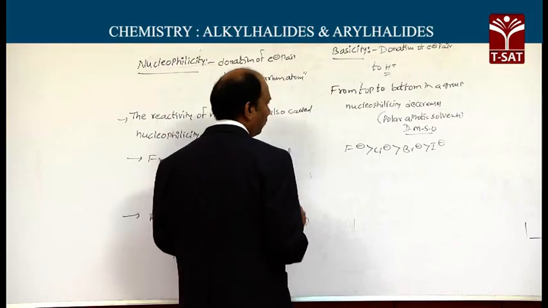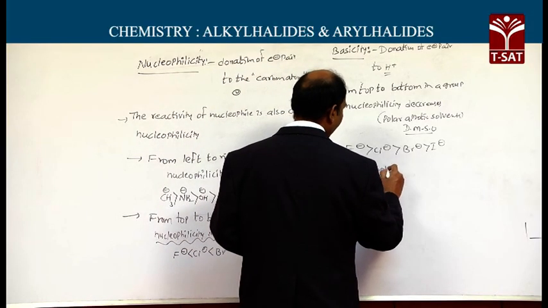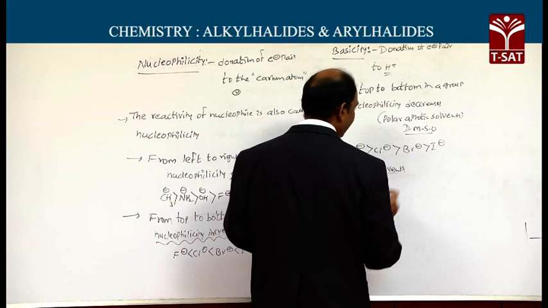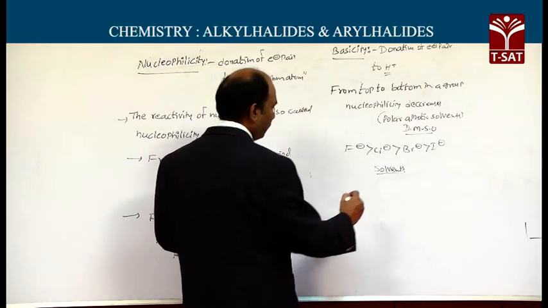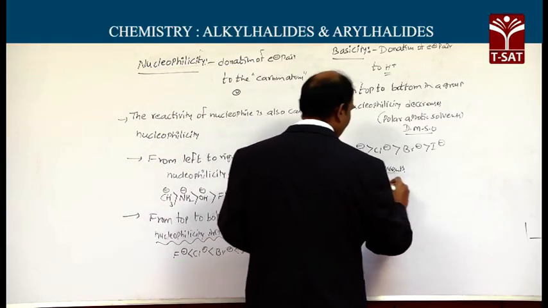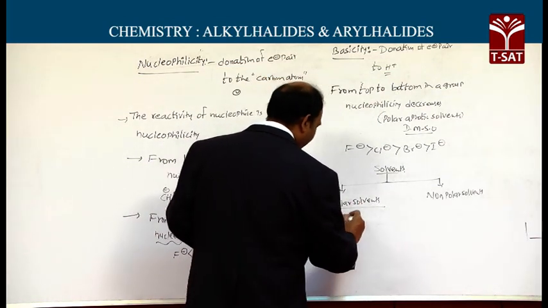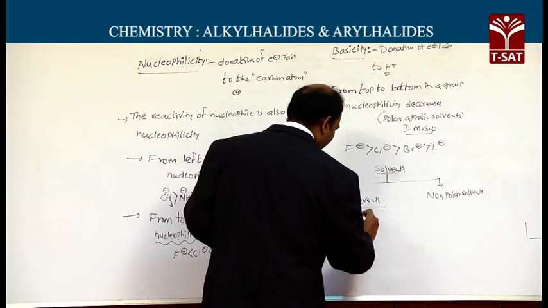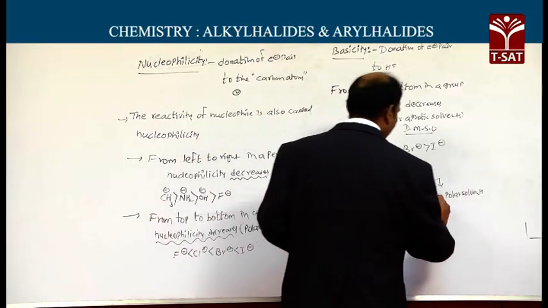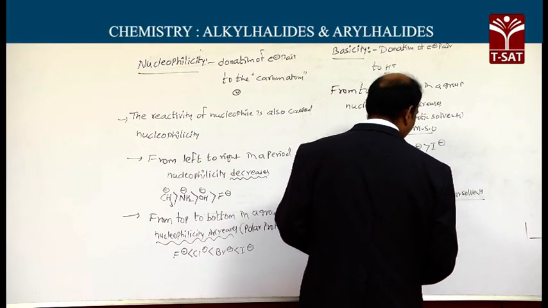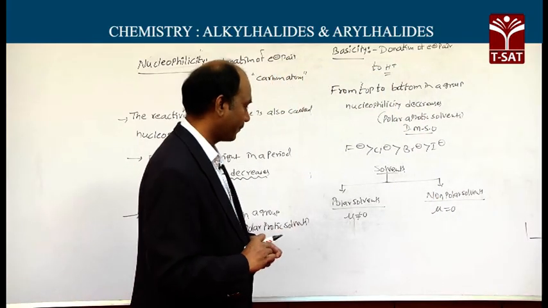Actually, here we need one more point, that is regarding solvents. Solvents are mainly of two types: polar solvents and non-polar solvents. Polar solvents are those where mu is not equal to 0. Non-polar solvent means mu equals 0, that means polarity is 0.